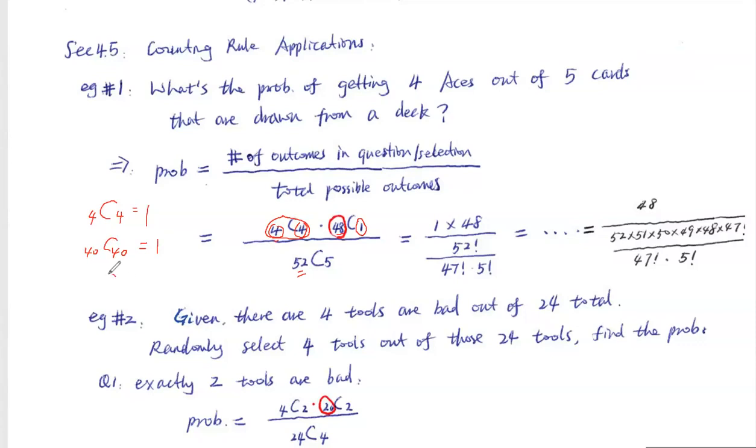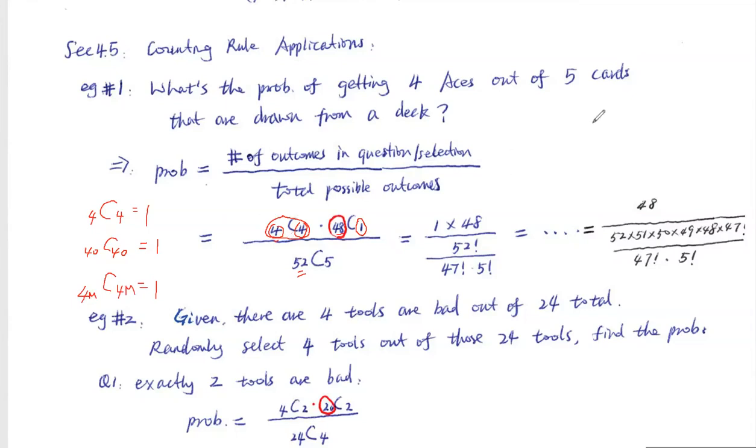So everybody, if I say I want to select the 4 million out of 4 million, how many choices do I have? I only have one choice. Select all of them. Because this is a combination, we don't care about order. Follow me? That's the one I want to mention.